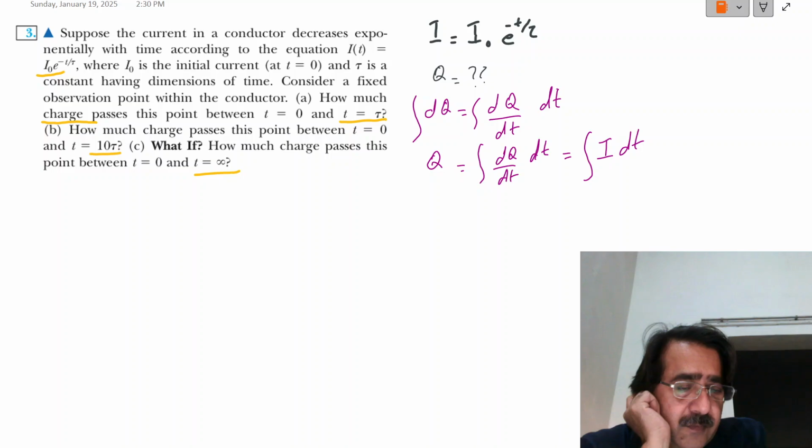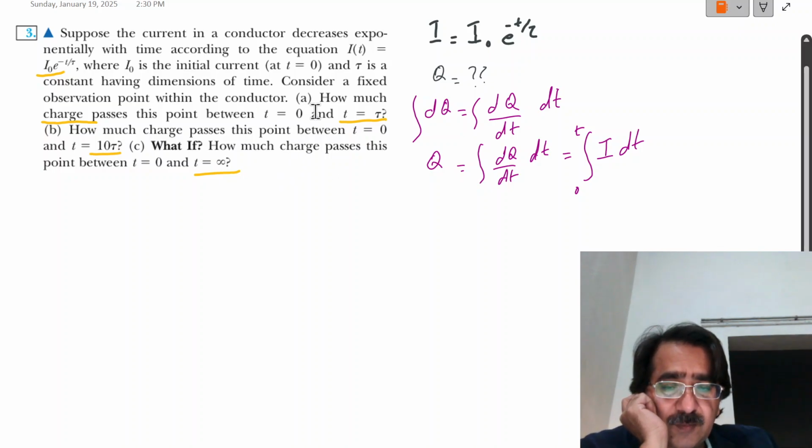Because this is a derivative with respect to time, the time runs from 0 to t. Time starts from 0 to tau, so for different parts of the problem we will write the limits as tau, then 10 tau. So from 0 to t we write this expression.